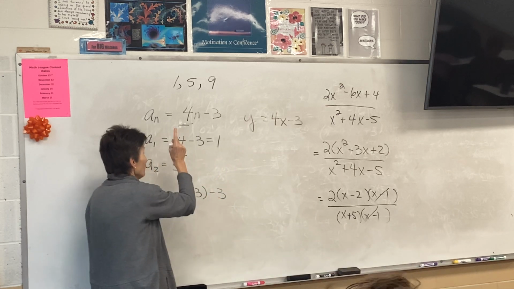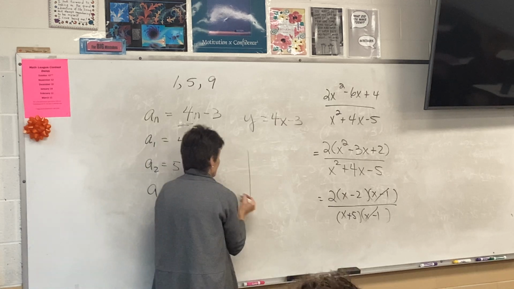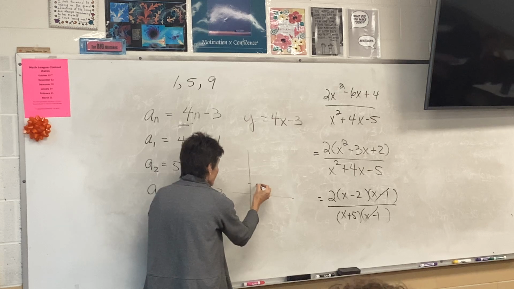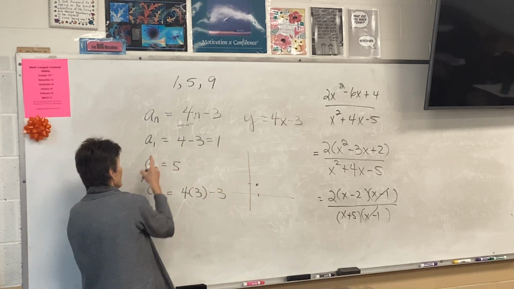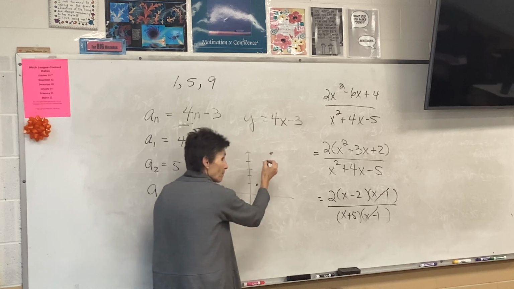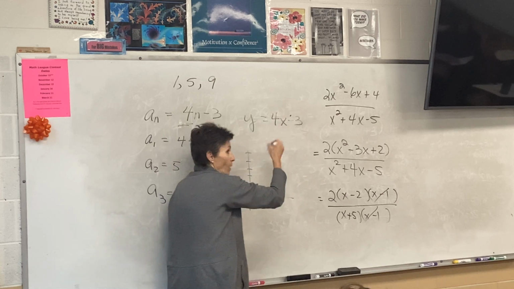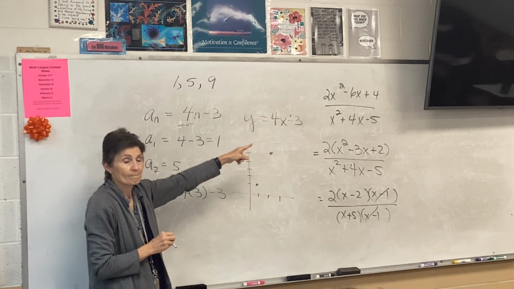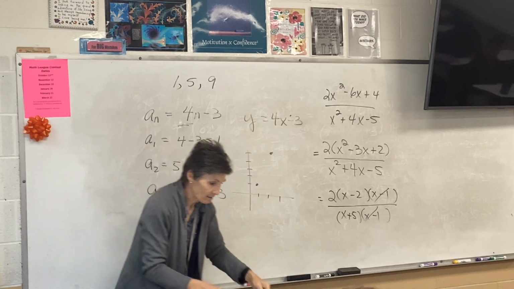If I were going to plot this, if n was 1, I got 1, so I would plot that point. And then when n was 2, I got 5, so I would plot that point, and 3, and so on, and that would be a picture of the sequence. Easy.